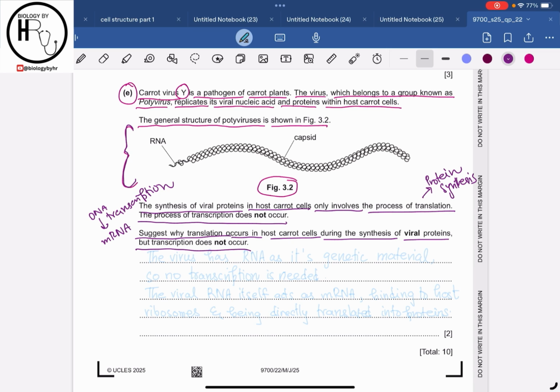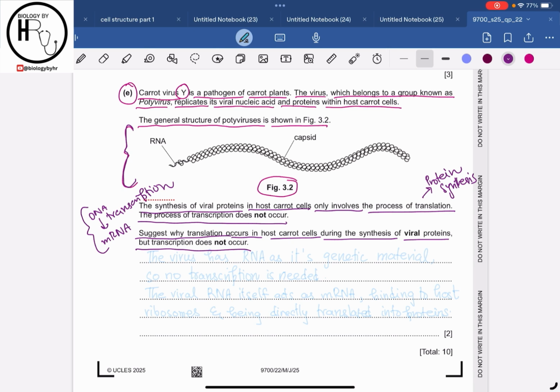In transcription they normally make mRNA from the DNA, and as the DNA is not present in this virus, there is no need for transcription. Their RNA genome is already acting as the mRNA, and it carries the codon sequence that is needed for the direct protein synthesis. Therefore the viral RNA can bind directly to the host ribosome to be translated into the polypeptide without requiring transcription first, right?